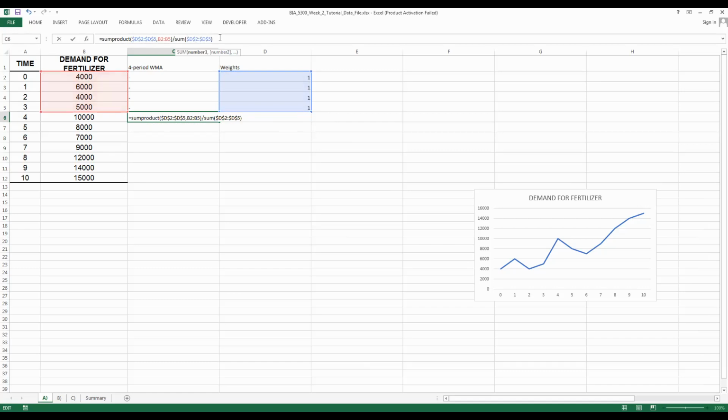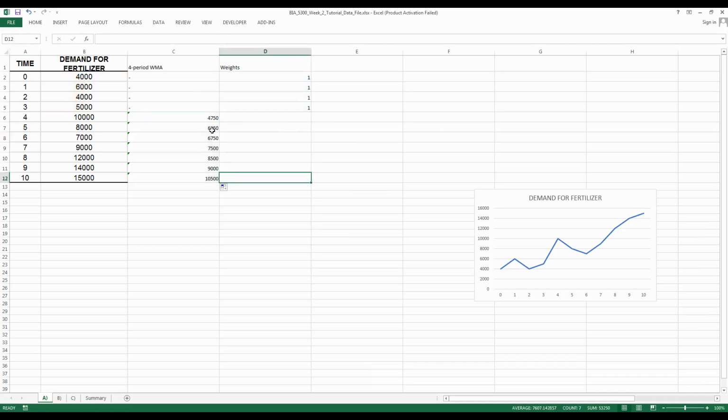That's all static, right? And then I can bring that down, and these are my weighted moving averages. And then I can calculate the errors.